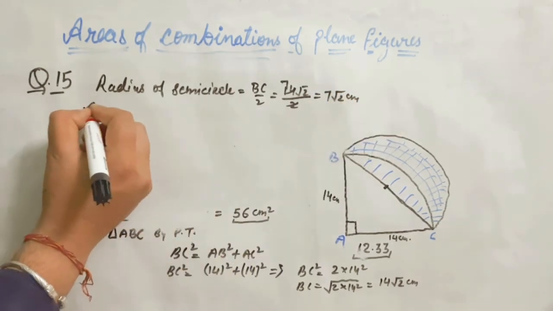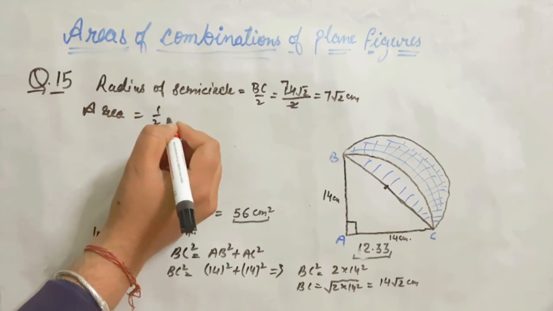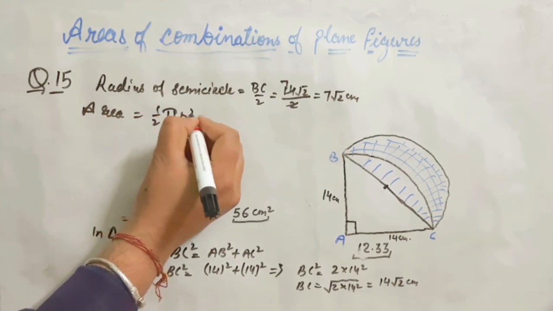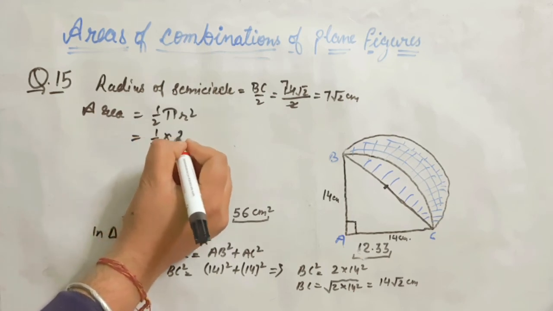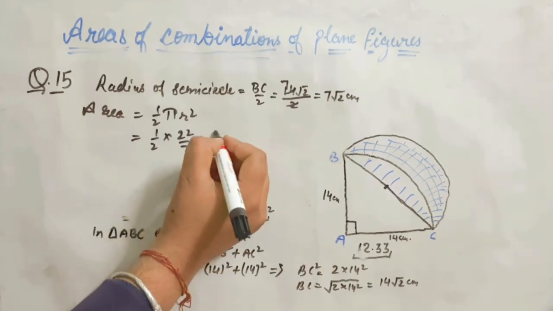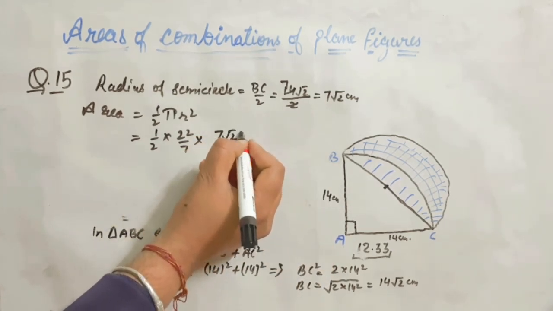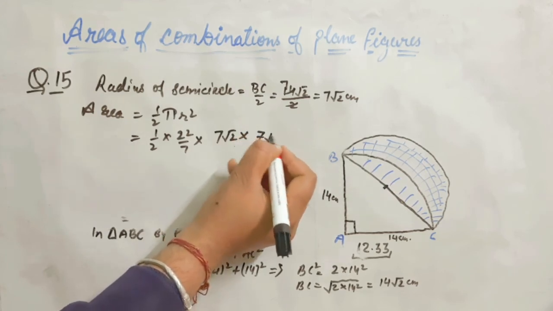So area of semicircle will be half pi r square, which is equal to half into 22 upon 7 into radius 7 square root 2. Square is there, so you can multiply 2 times directly.